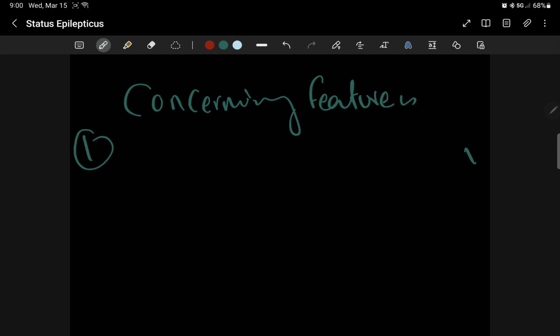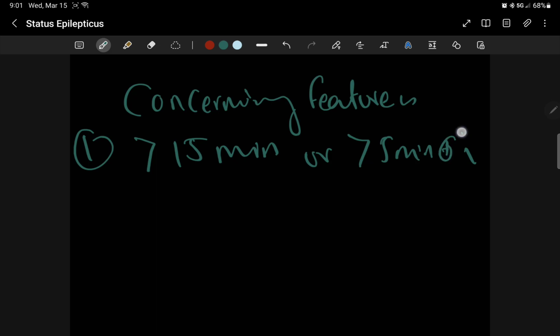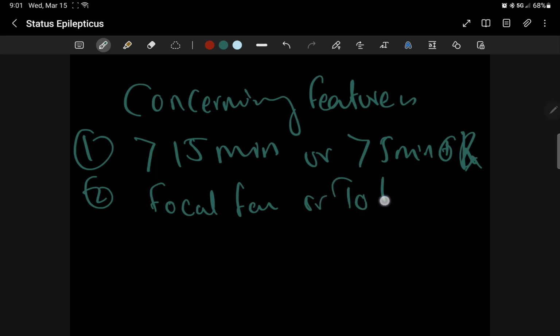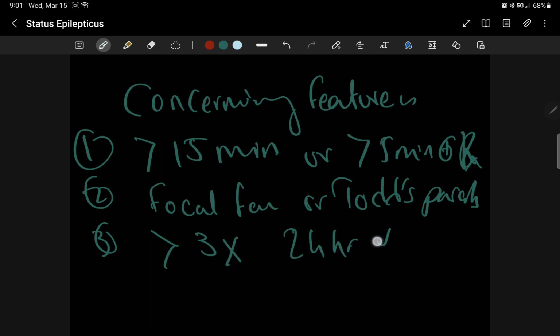So these concerning features will be basically this way. 1, this will be a seizure more than 15 minutes, or more than 5 minutes with treatments, requiring abortive treatment. 2, this has focal features or has Todd's paralysis. 3, this is a seizure that occurred more than 3 times within 24 hours duration.